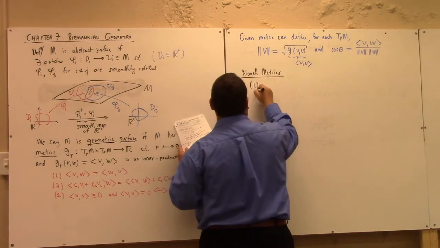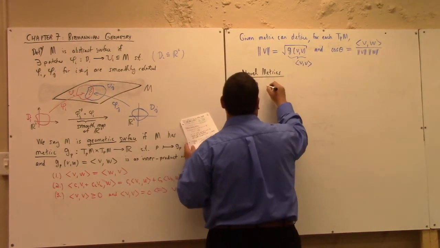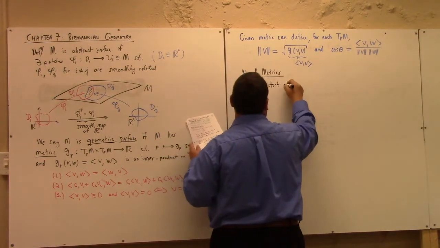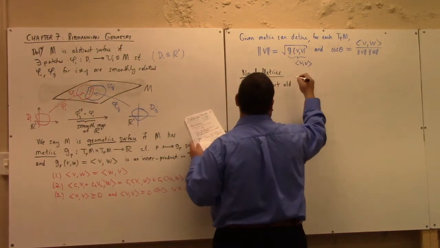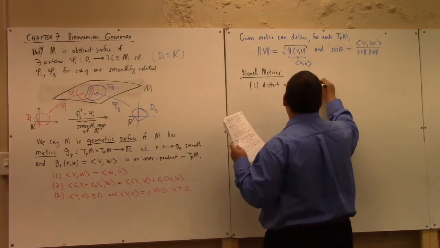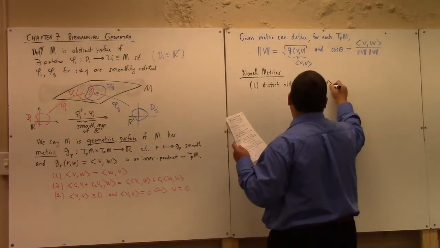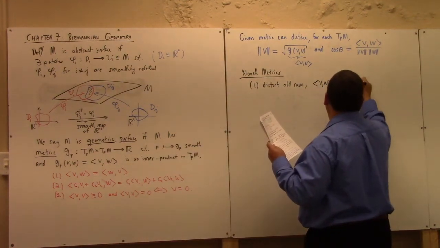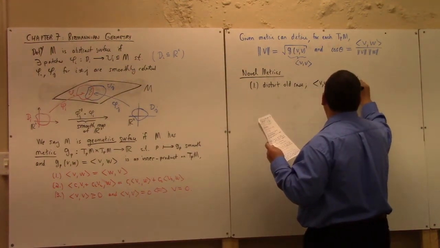Number one, we can distort an old metric. In particular, we can let the new metric of V and W equal V dot W over, say, H squared of P.